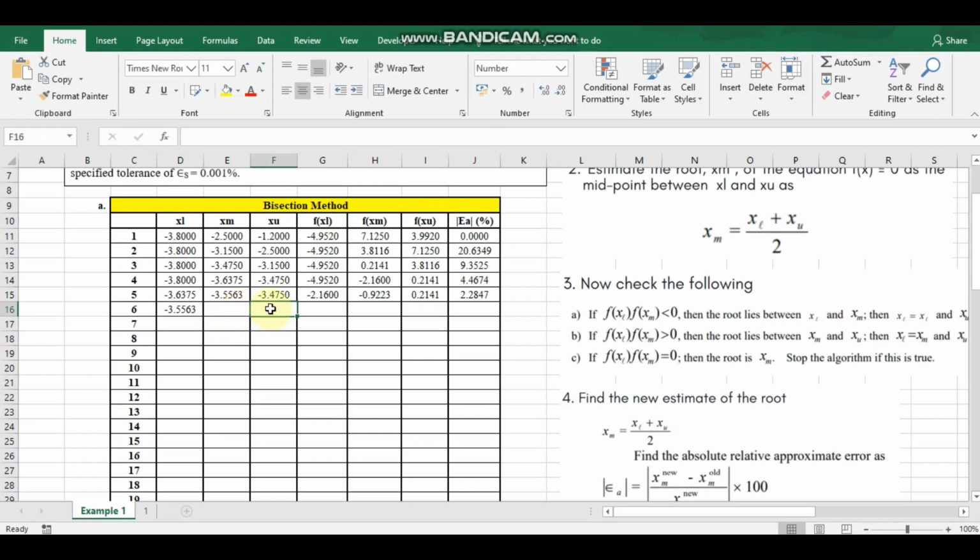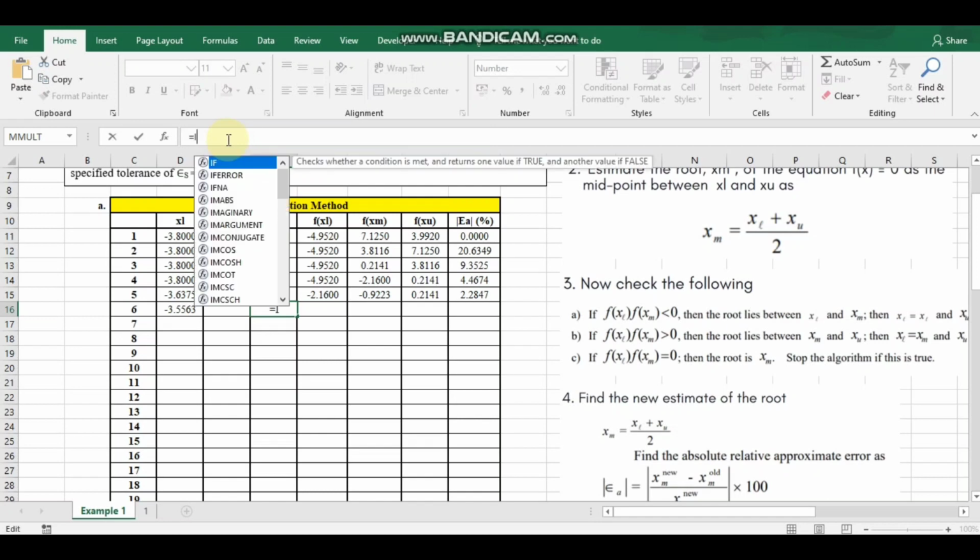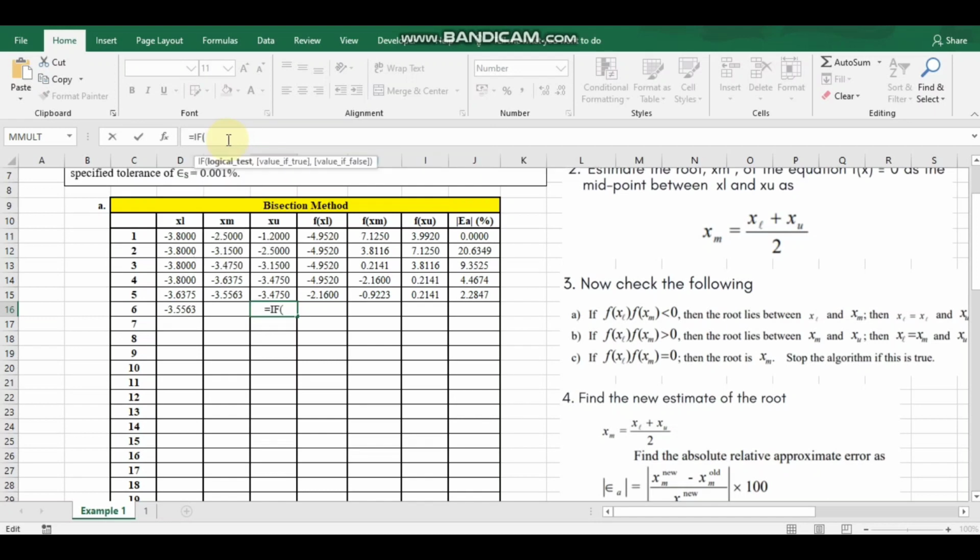For xu, type equals if f of xu times f of xm is less than 0, then xu, else xm. It will make xm to be xl and xu to remain the same. Let's type the formula. Equals if f of xu times f of xm is less than 0, then xu, else xm.